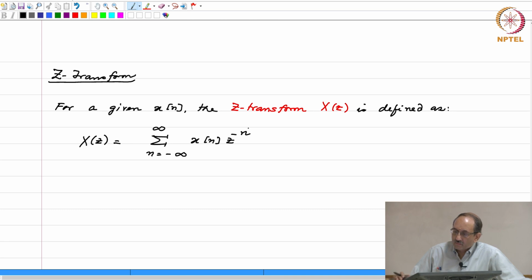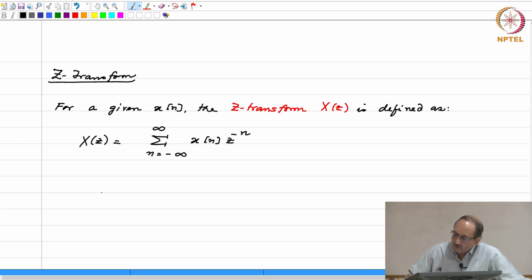And Z transform is the other commonly used term. So this is almost as if God given. Here is the Z transform, take it. Whereas we can motivate this in a slightly different manner from what we have learned so far.